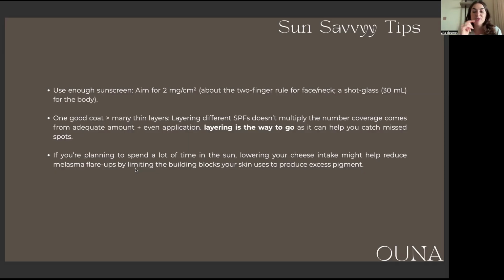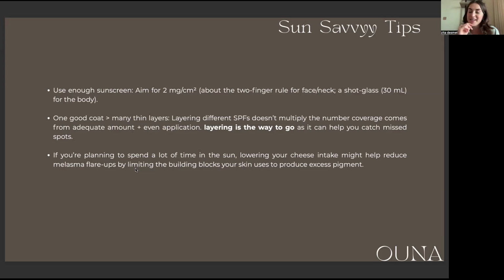And if you're planning to spend a lot of time outside, and this is a very interesting one, because we spoke already about the foods that would help and boost protection against sunlight, there are also products and ingredients that might enhance the pigmentation process, or even melasma, the big pigmentation spots. So that's something a lot of people don't want.